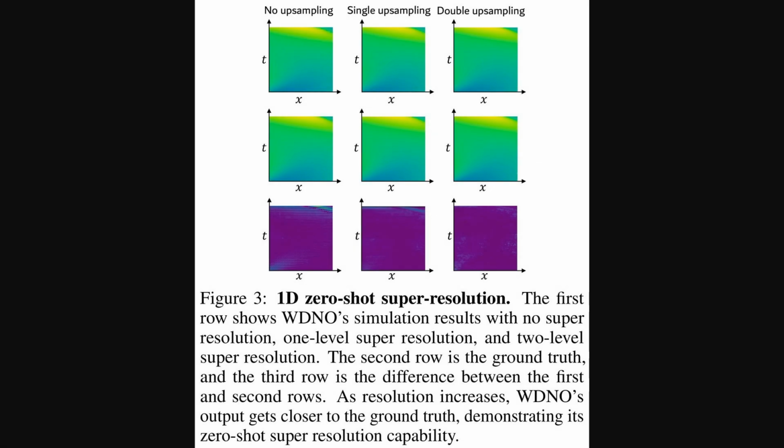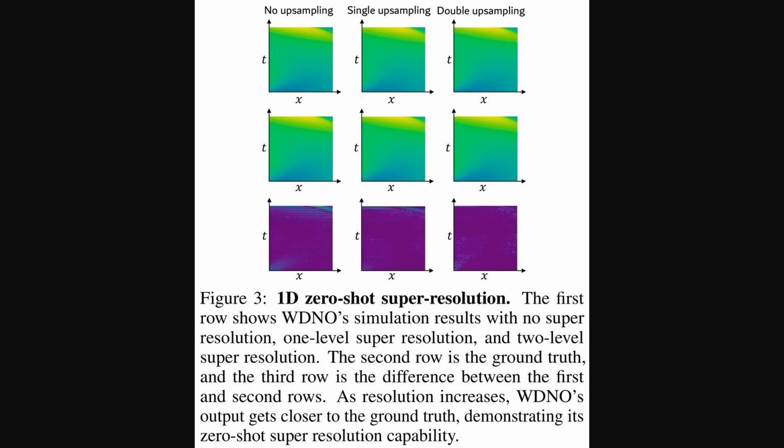Okay, and speaking of capabilities, Figure 3 here demonstrates that zero-shot super resolution we talked about earlier, specifically for a 1D problem. The columns show different levels of upsampling: none, single, and double. Alright, the top row is WDNO's output. The middle row is the actual ground truth, and the bottom row shows the difference or error.